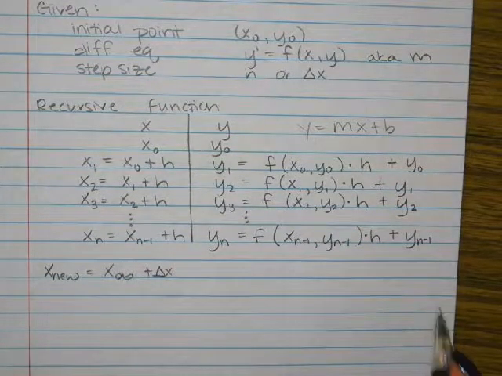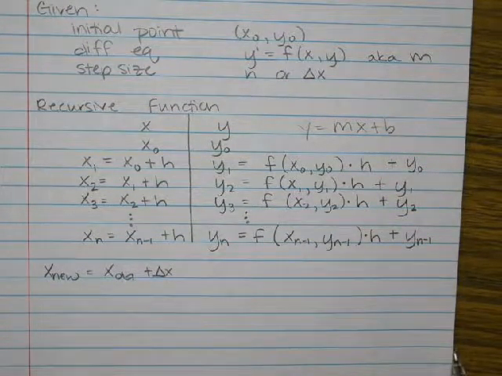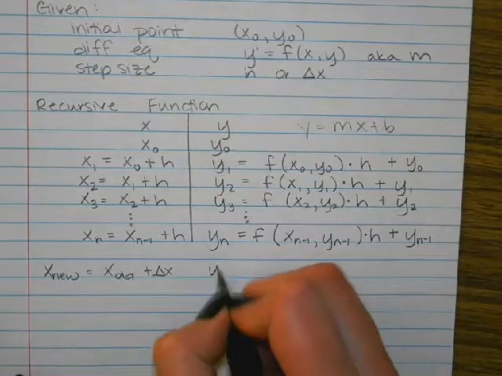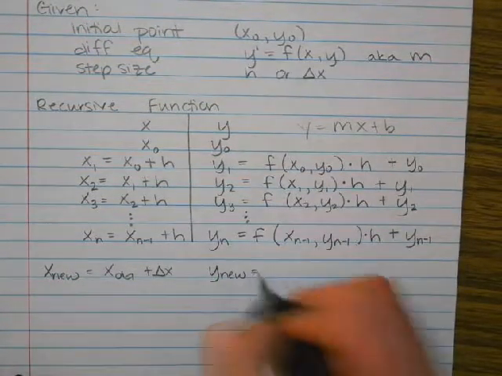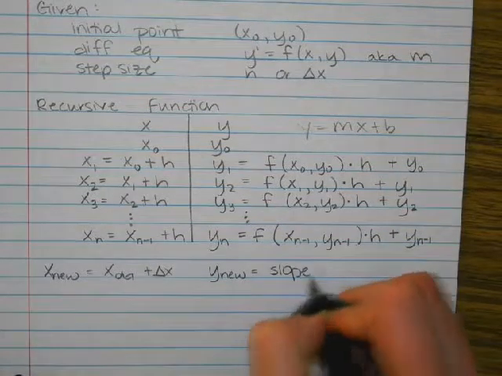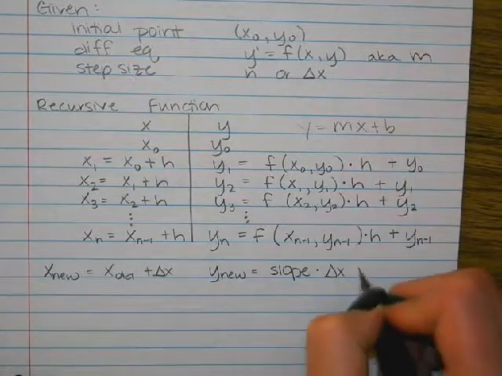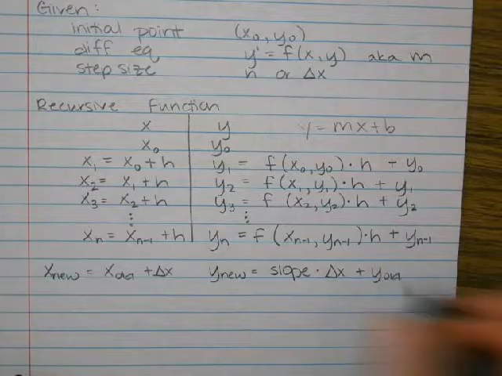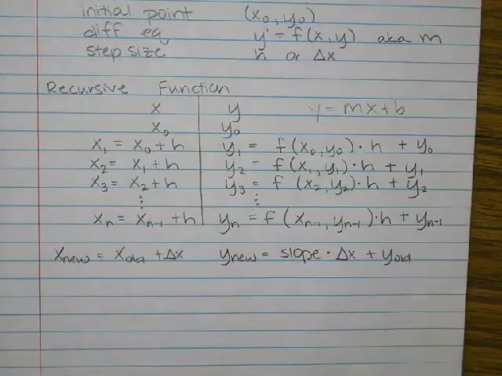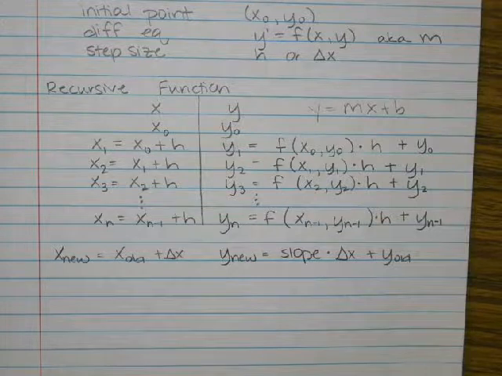So that notation is kind of confusing, right? A little bit confusing. So we're just going to say that our new y-coordinate is the slope times the change in x plus the old y-coordinate.